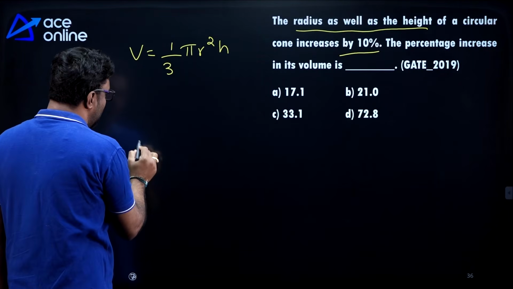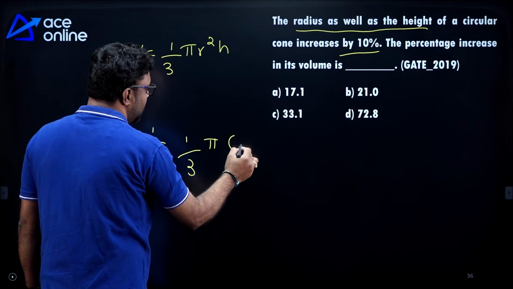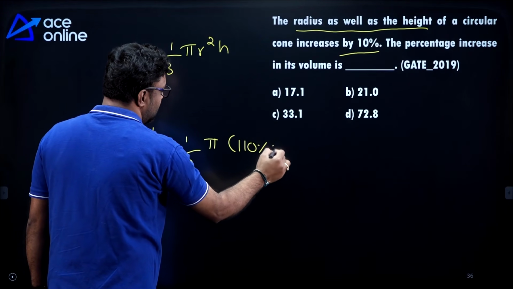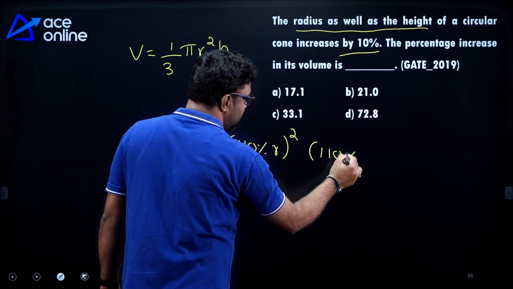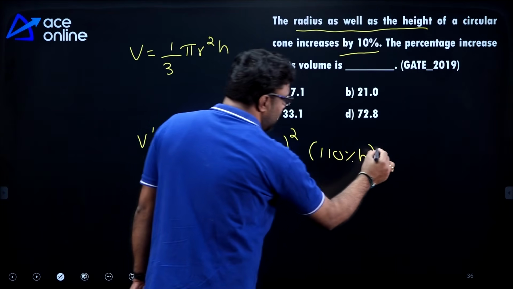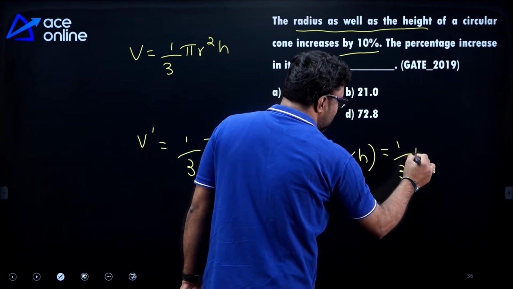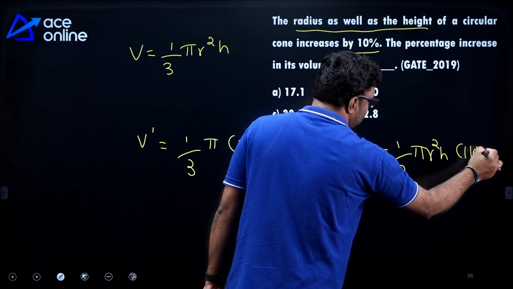Now what is the new volume? Radius increased by 10%, height also increased by 10%. This is nothing but 1 by 3 pi r square h into 110% whole cube.